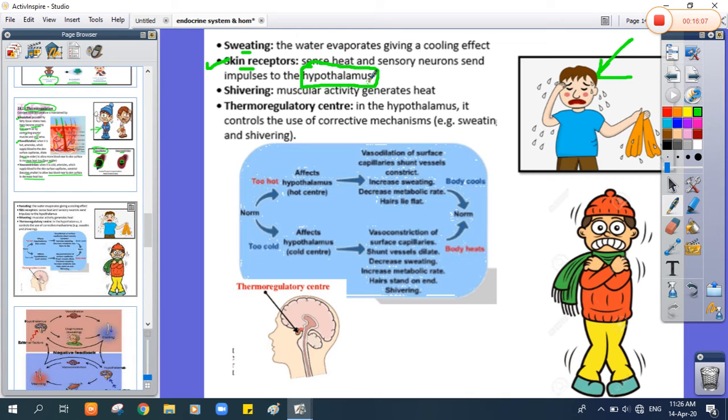So the control center of the heat regulation, or of the thermoregulation, is called what? Hypothalamus. Do you see here this part? Thermoregulatory center.